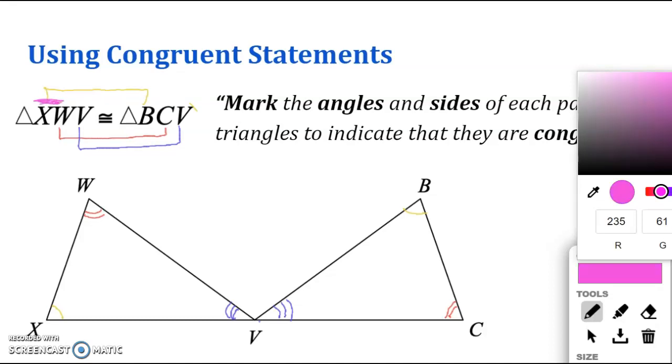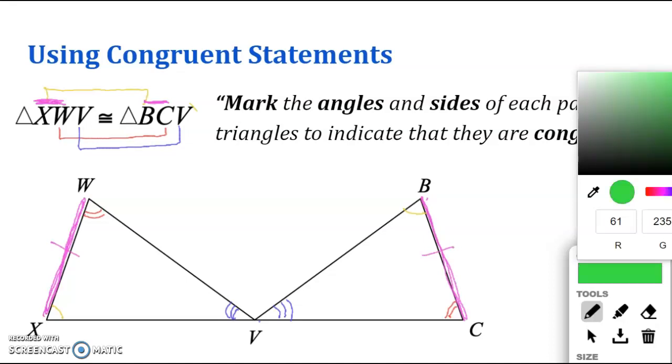So side XW, where is side XW? It is this one. XW is going to correspond to, what are the first 2 letters of the right triangle? It is BC. BC is this one. So I know that they correspond. If that is the case, they're going to have the same number of notches. So I'm going to put 1 and 1 there.